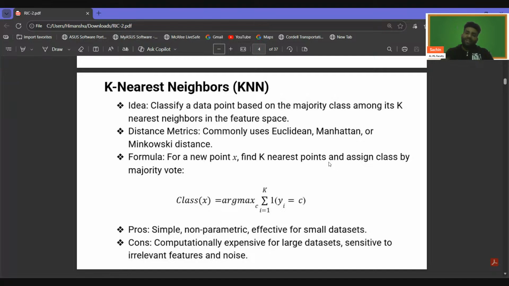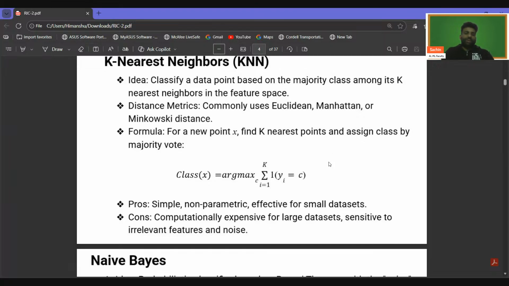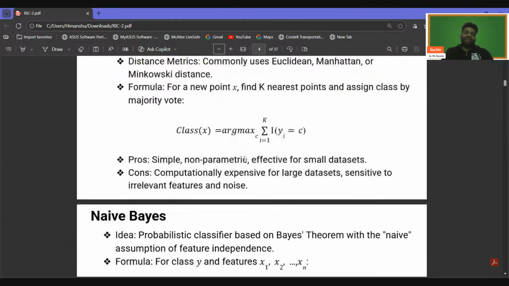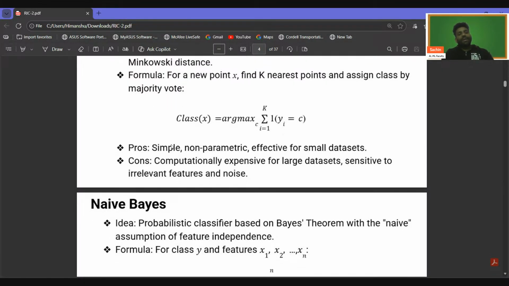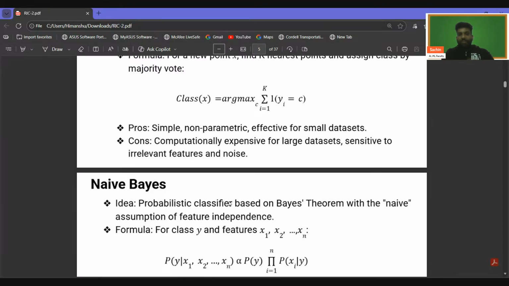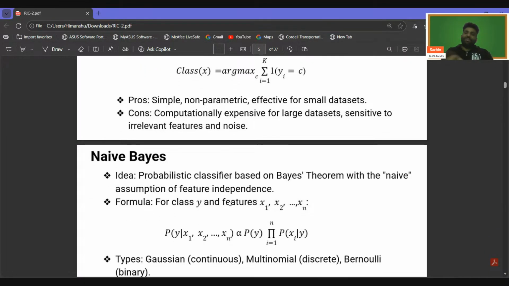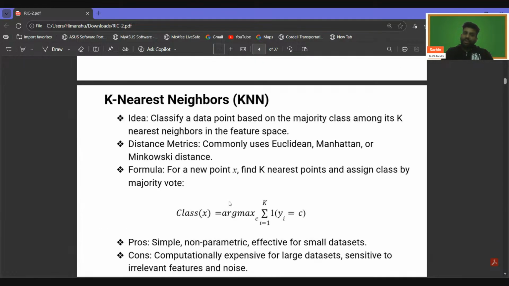If it's a regression problem, in that case, I would like to take the average of those neighbors. Okay. So distance we talked about, formula we are clear. So it's just telling me the argmax. That means for whichever class we'll be having maximum number of neighbors, we'll be going by that. Pros, it's non-parametric, effective for small data sets, and computational expensive for large data sets, sensitive to irrelevant features and noise.